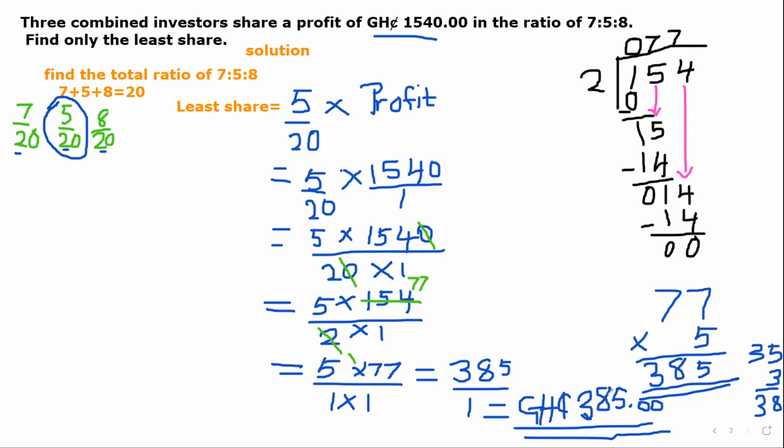If you decided to calculate all and then you choose the minimum amount, that is accepted, but it's a waste of time. The question asks only the least share, so the minimum amount, the person who contributed least or the person who received the smallest amount based on the 1,540 that they are going to share will be the 385 Ghana cedis.